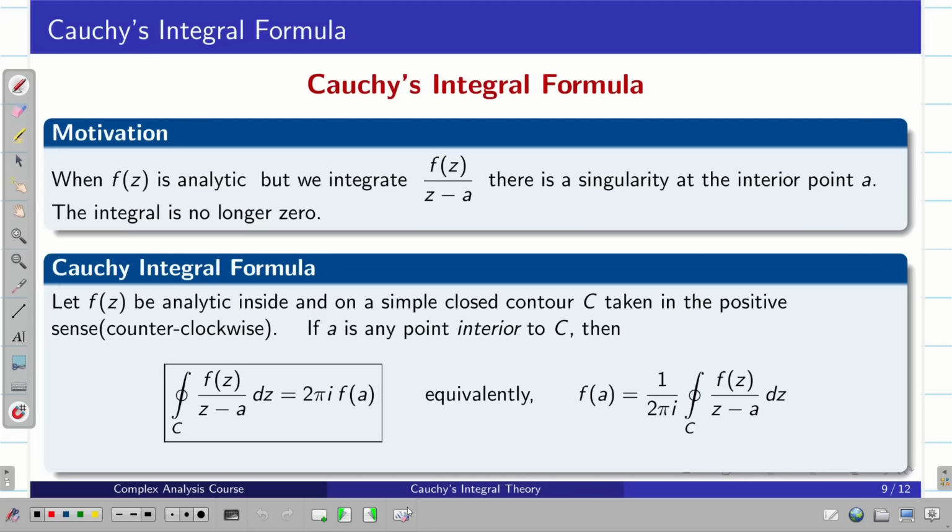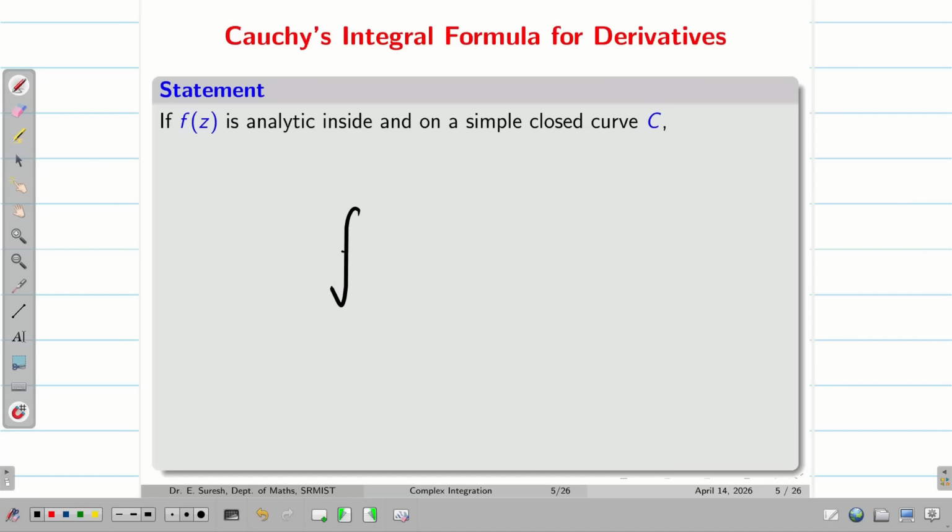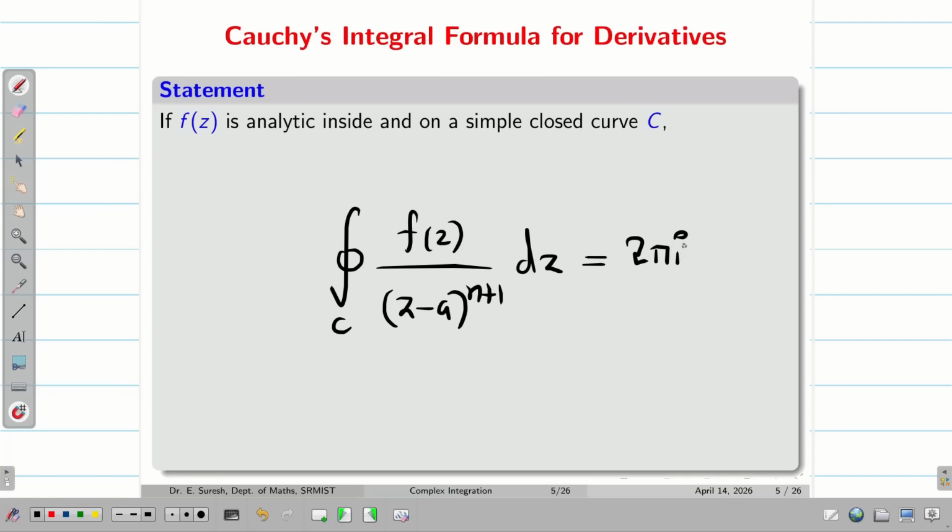Next we are going to see the Cauchy integral formula for derivatives. Integral over C f of z divided by (z minus a) whole power n plus 1 dz is equal to 2 pi i divided by n factorial into the nth derivative of the function f of z evaluated at the value a.